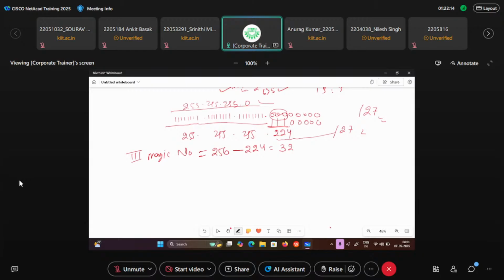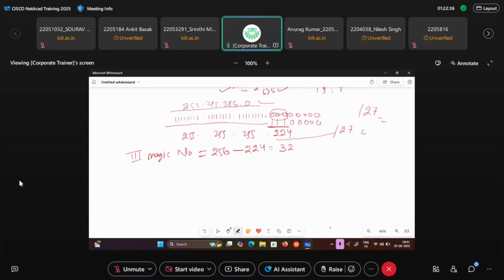Whatever result you get is the magic number. So here I got 224 in the last octet, where I made the change. I subtract 224 from 256, and I got 32. So 32 is my block size.